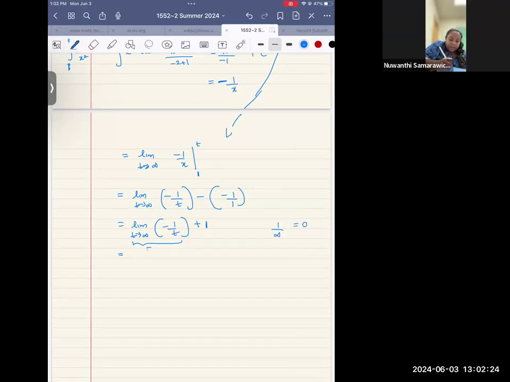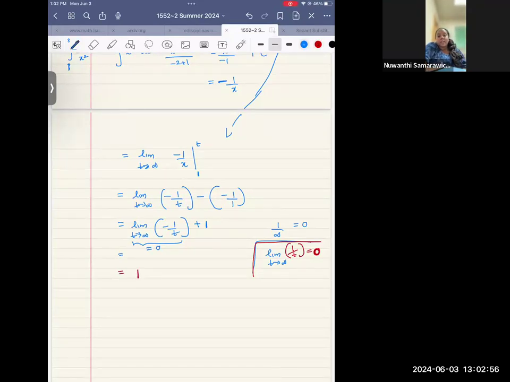So remember, when t goes to infinity, if you have 1 over t, this is equal to 0. That means whenever you divide 1 by a very large number, it is very close to 0, and eventually your answer will be 0. So this whole thing is 0 plus 1, which is 1.